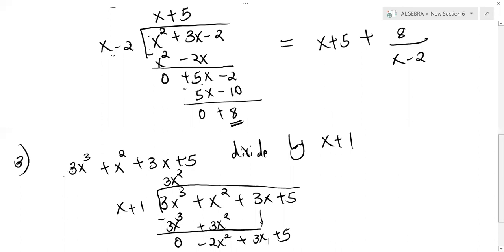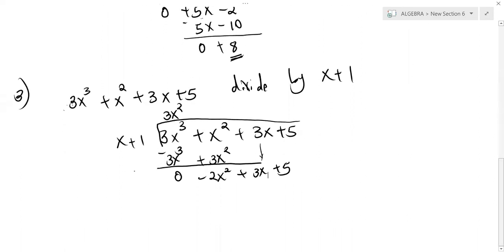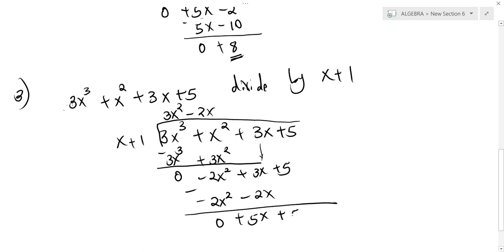Taking the first term here, minus 2x squared, you divide by x, so dividing by x we'll have minus 2x. Taking minus 2x and multiplying here, we'll have minus 2x squared minus 2x. Subtracting those two terms, this and this will give us a 0, and 3x minus minus 2x will give plus 5x plus 5.